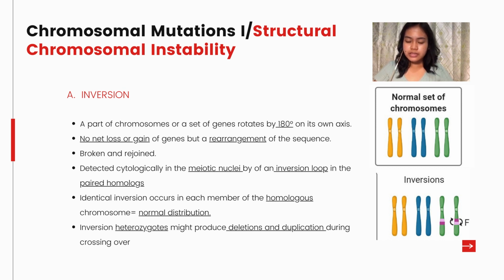Inversion mutation can be detected cytologically in the meiotic nuclei by the detection of an inversion loop in the paired homologs. If identical inversion occurs in each member of the homologous chromosome, normal distribution of the chromosome occurs. However, inversion heterozygotes might produce deletions and duplications during crossing over.